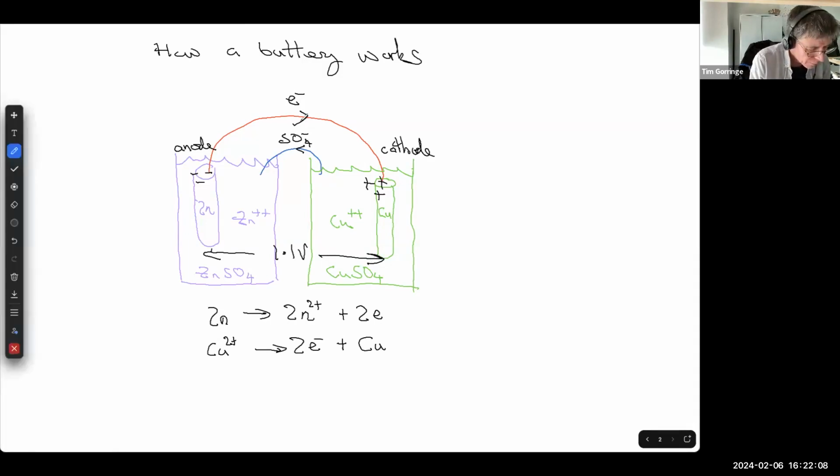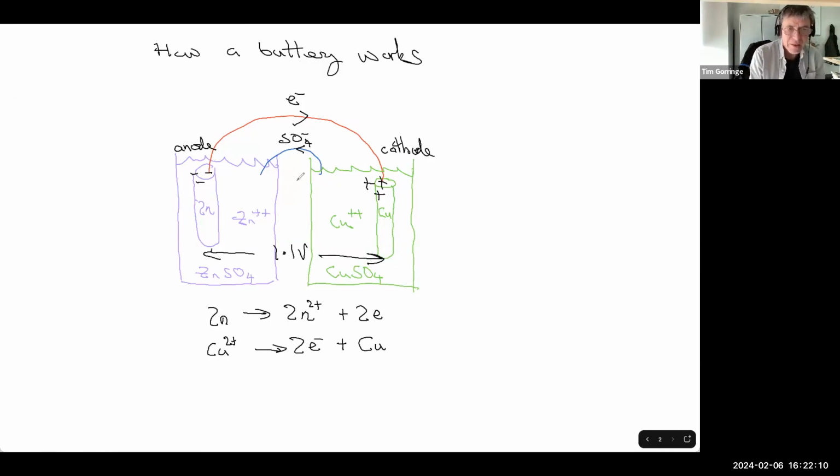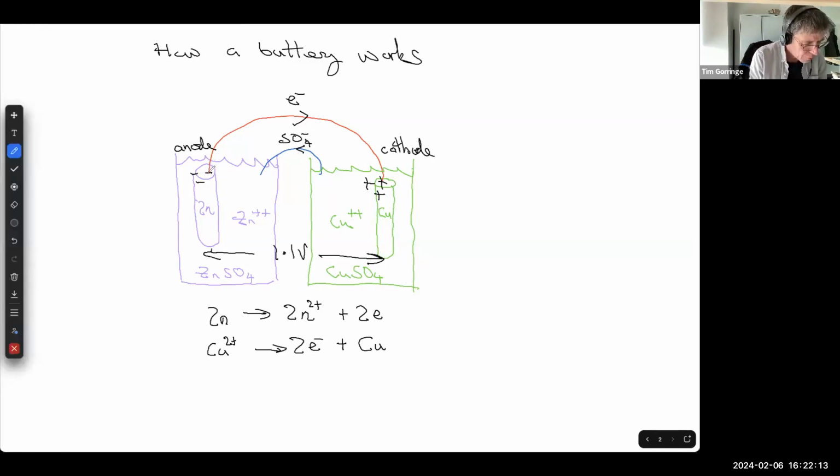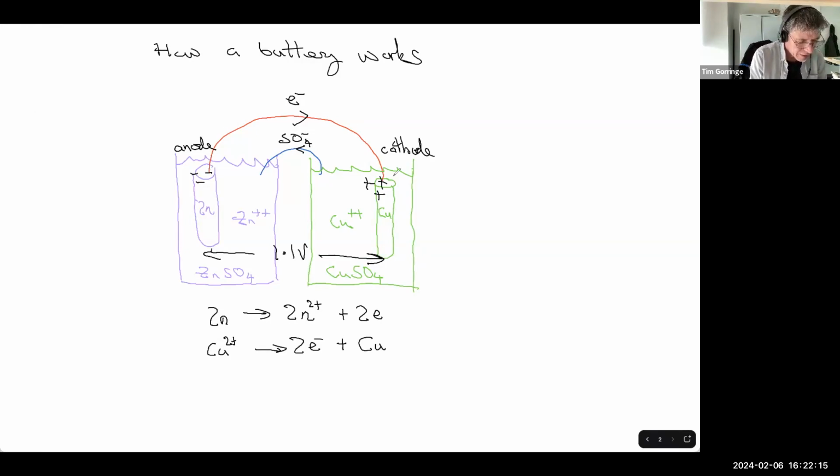Now, when we hook up the circuit, the circuit involves a wire in red here that runs from the anode to the cathode. The anode is just the name we call the negative electrode. The cathode is just the name we call the positive electrode. So we're making a circuit here with this wire in red. There might be a resistor in there in which we're going to dissipate some energy, dissipate some power. Actually, there's another part in this battery circuit.